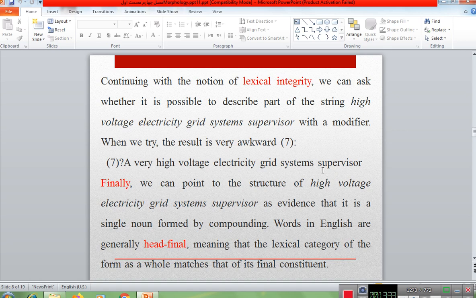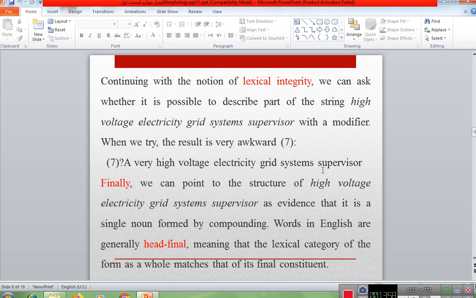The most natural interpretation of 7 is the figurative one, whereby very high voltage is used as an adjectival phrase modifying a smaller compound, for example, electricity grid, giving the intermediate form very high voltage electricity grid, which in turn modifies system supervisor, giving the entire form in 7.